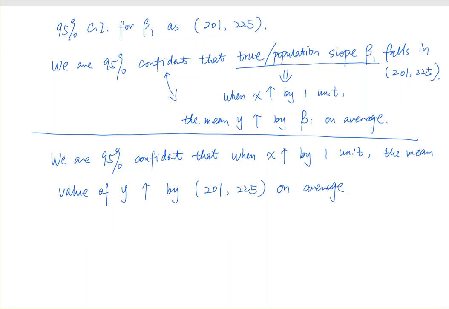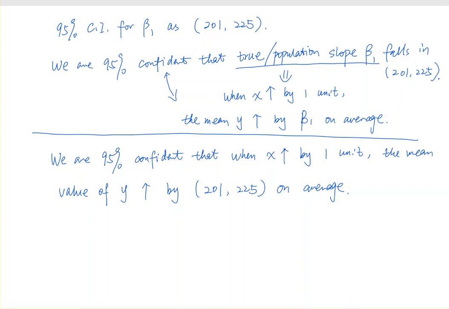Got the idea? Actually we are combining these two interpretations together to get the interpretation of the confidence interval for beta 1.